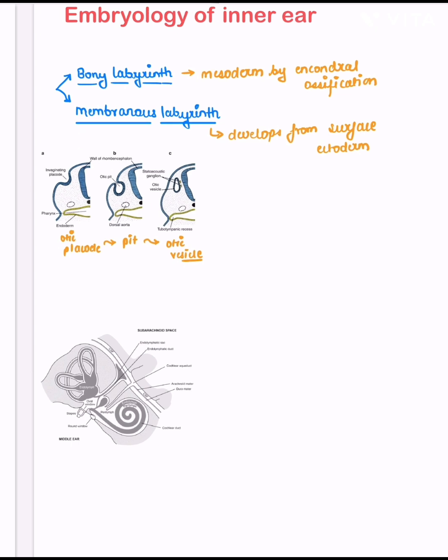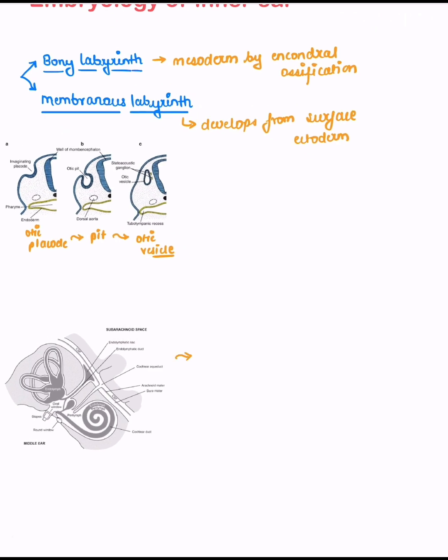This diagram here shows the cochlear aqueduct. It is the connection between inner ear and brain.